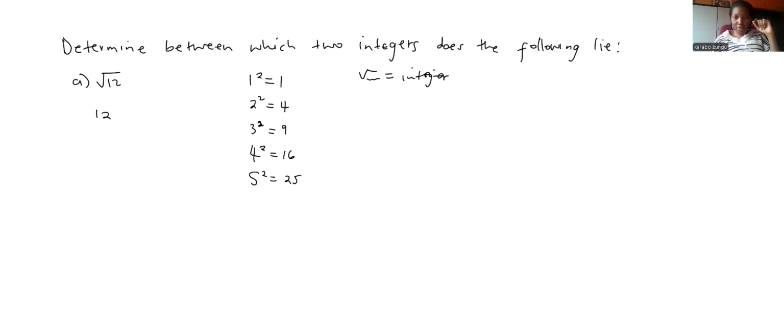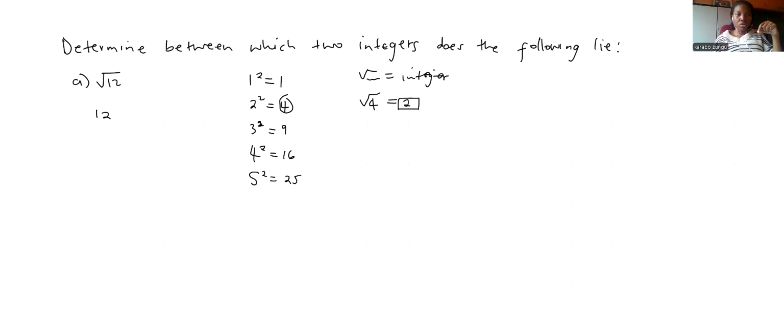This number, if I put it under the square root, must give you a whole number or an integer as an answer. So if I take maybe 4, and I say the square root of 4, it's going to give me 2. Is 2 not an integer? 2 is an integer. So for you to work with this one, you must find perfect squares because they give you the square root.